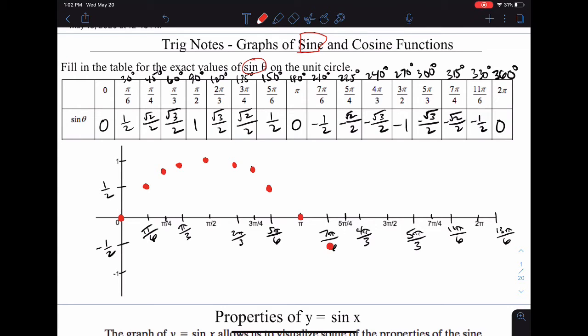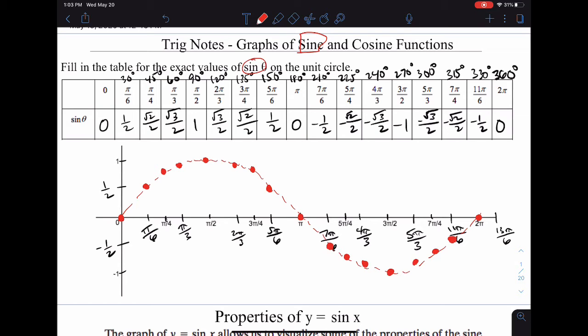So it's going to be about negative 0.7, and then negative 0.86, and then here we get down to negative 1, and then we come back up. And then we finish with 2 pi. Okay, so as you can see, this is what the graph of sine looks like. It looks like a wave. We call it the sine wave.